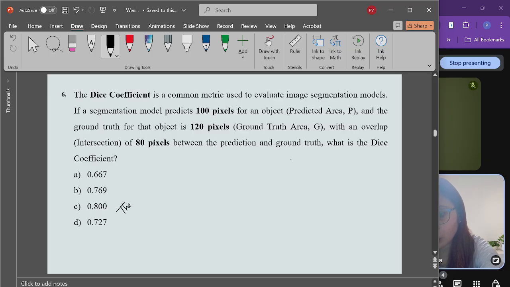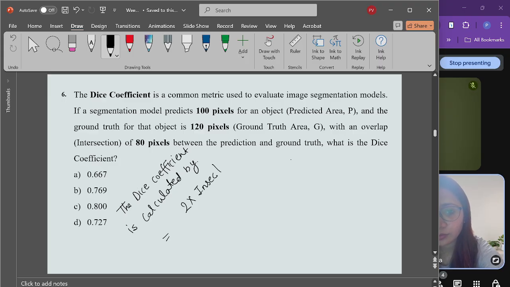The Dice coefficient is calculated as 2 times the intersection area, or you can say overlap area, divided by the predicted area plus the ground truth area, or ground truth data area.